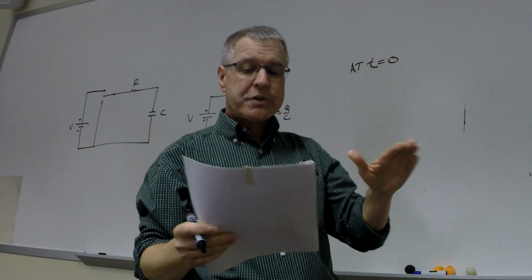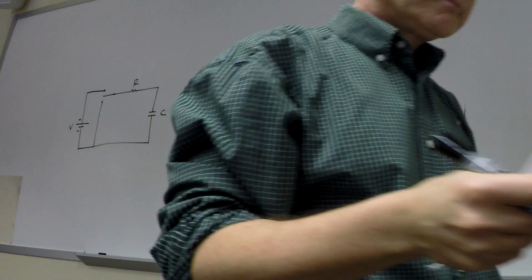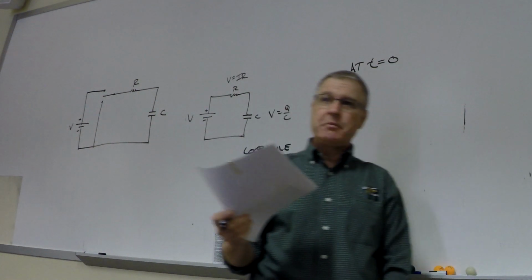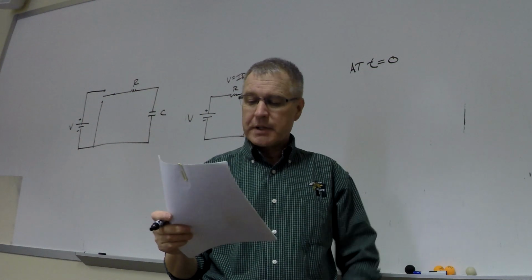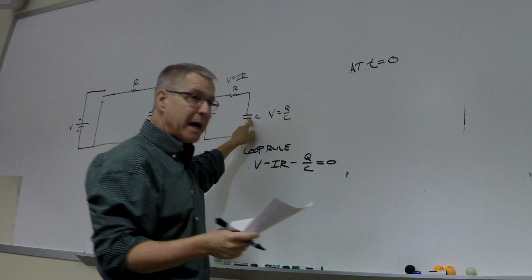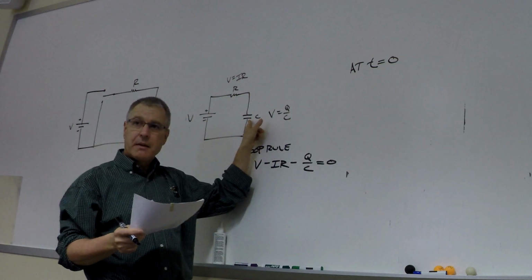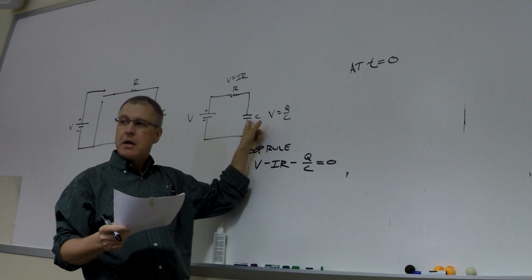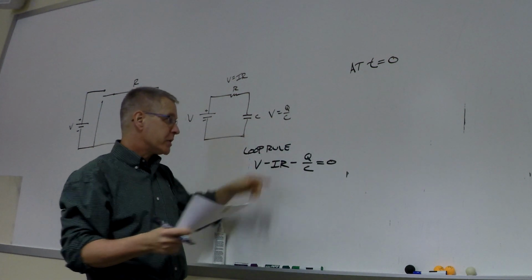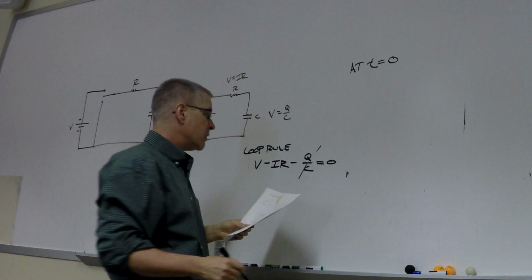So when we first close that switch, at time 0, right as we're closing that switch, how much charge is on our capacitor? 0. None. We haven't put anything on there yet. We've got an empty capacitor. So if time equals 0, this part is a 0.